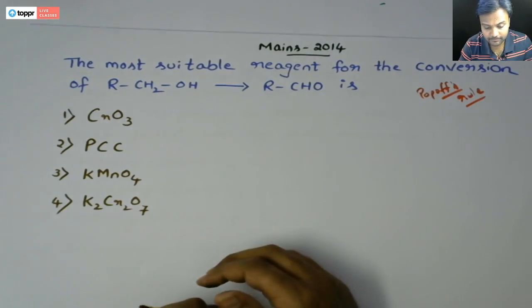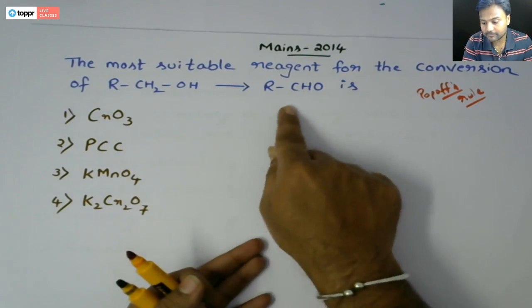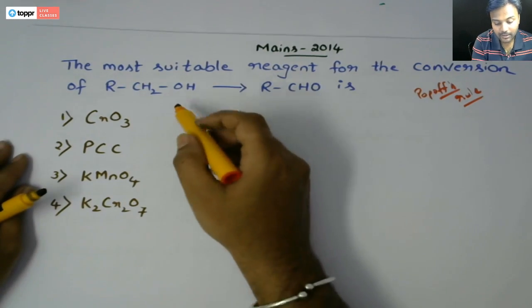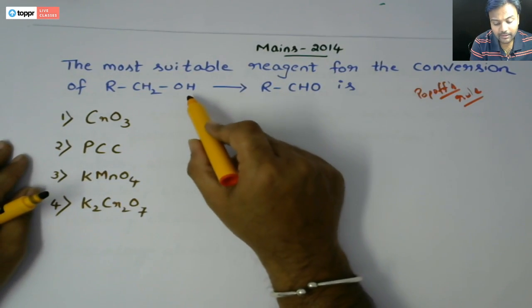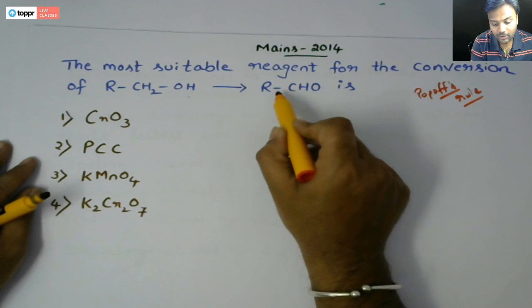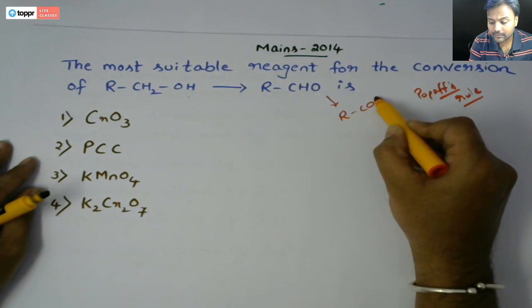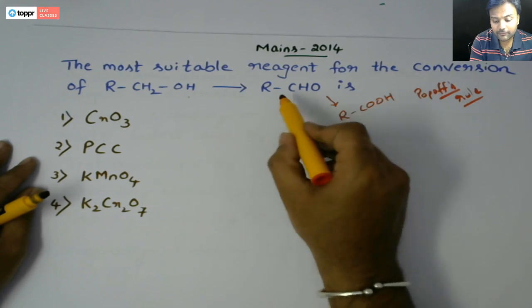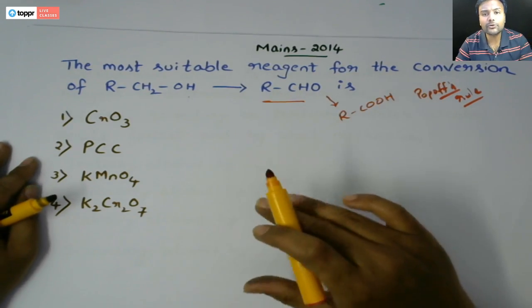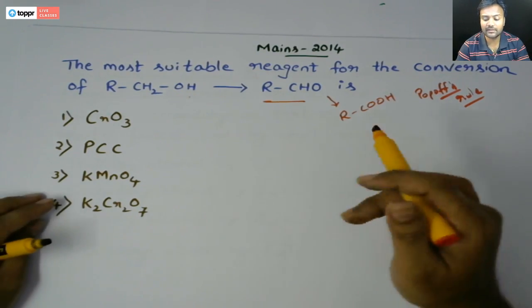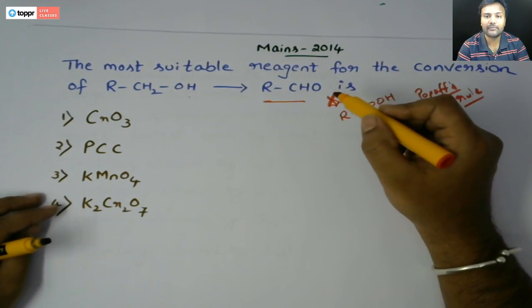Okay, coming to the question. Primary alcohols are converted to aldehydes, and these aldehydes can be converted to acids. If you want to stop here, then you should not use a powerful oxidizing reagent. Use a mild oxidizing reagent, then this step can be prevented.